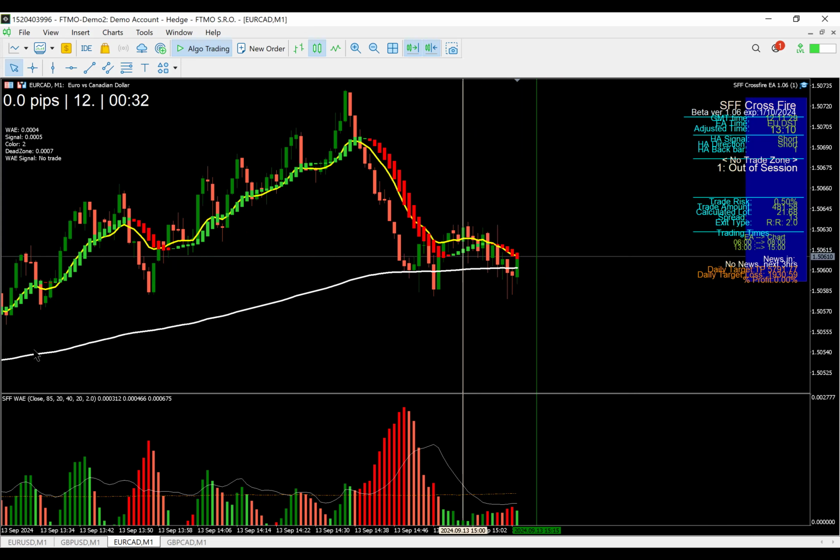It'll take it back to the point we just looked at, and you'll end up with a green trend line pointing down and a red trend line pointing up. And then this will change to looking for trades, or in the trade zone and looking for either a buy or a sell signal.